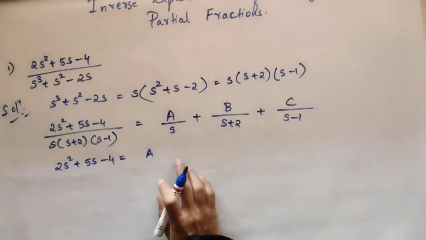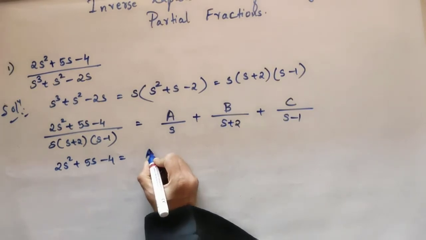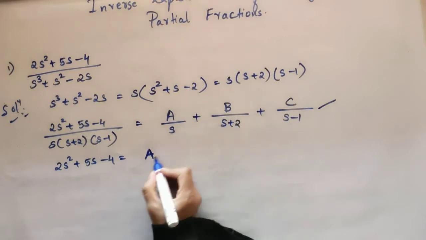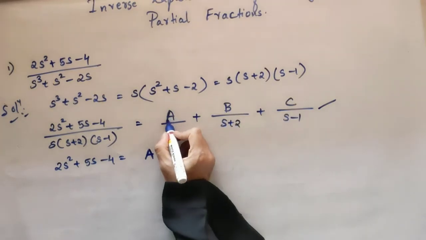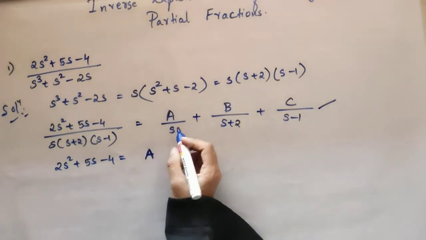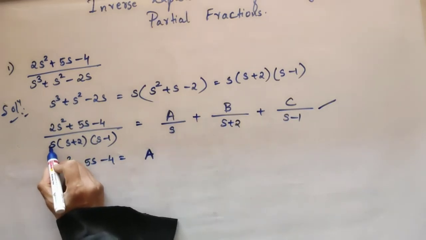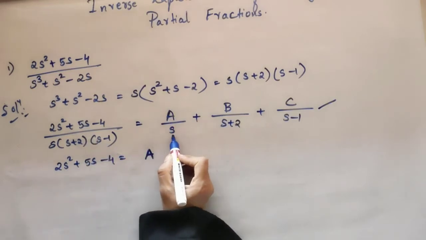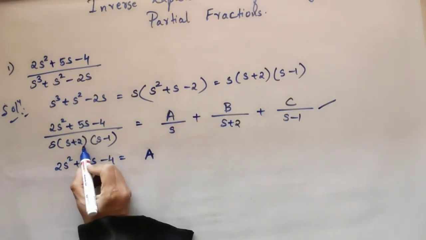For those who have not understood this, for the next step I'll ask you to accompany A with the terms which are not present in its denominator. The complete denominator is s into (s plus 2) into (s minus 1), but with A only s is present. What is absent? s plus 2 and s minus 1.